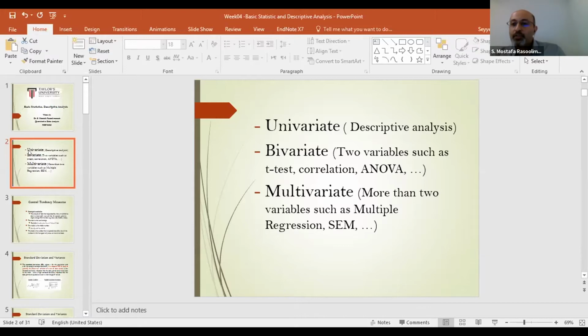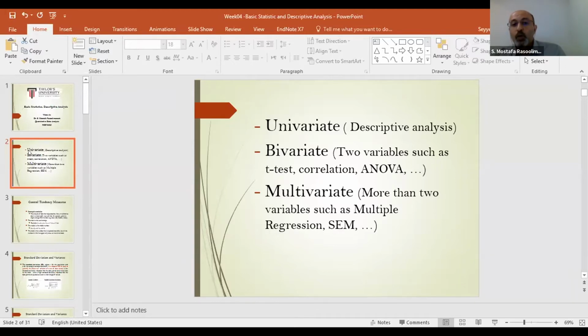Univariate is an analysis technique that we apply to only one variable. So when we are working with one variable and use some statistic for that one variable, these techniques can be categorized under univariate analysis. But bivariate analysis is for cases where we apply two variables.